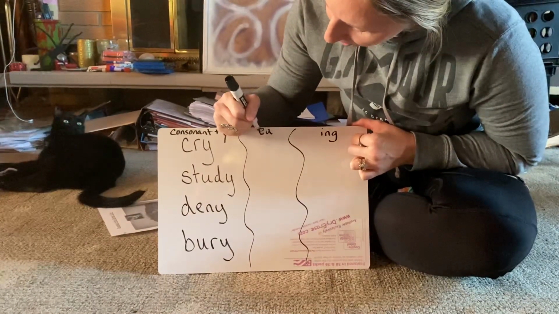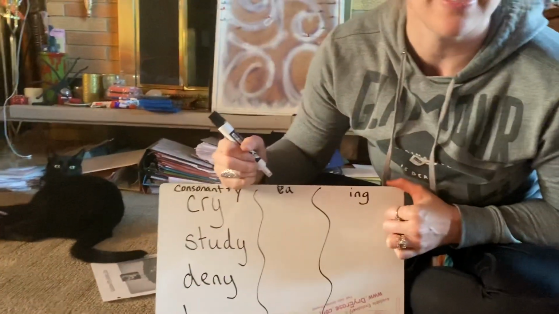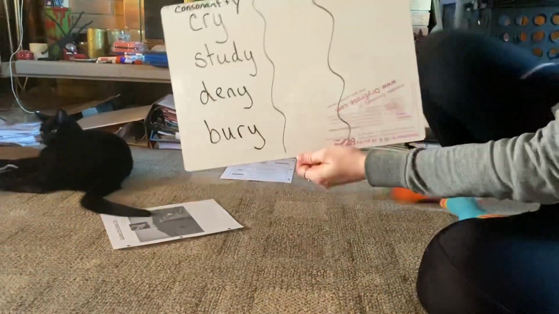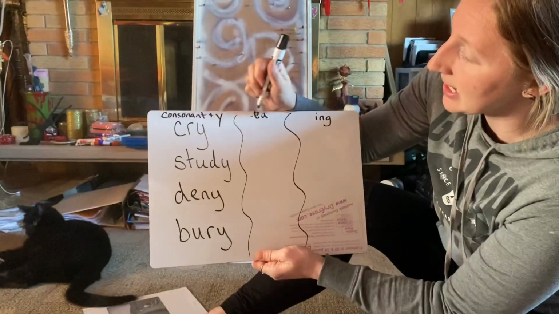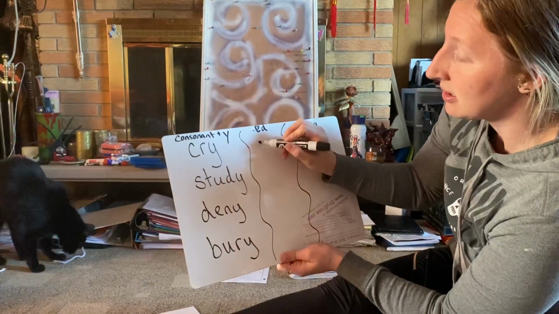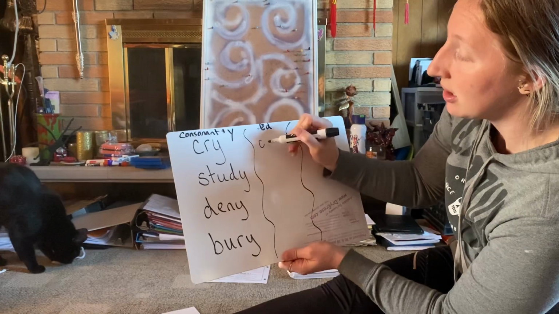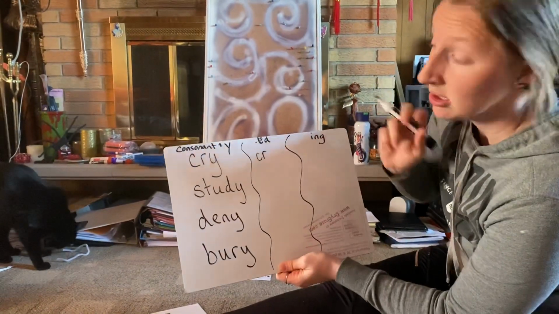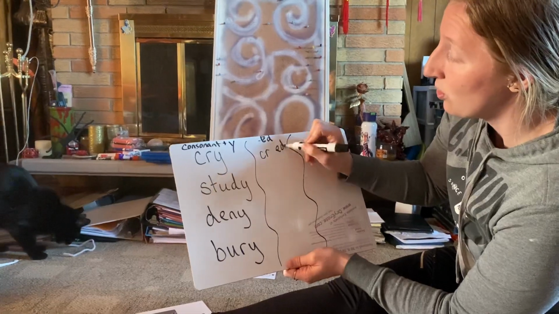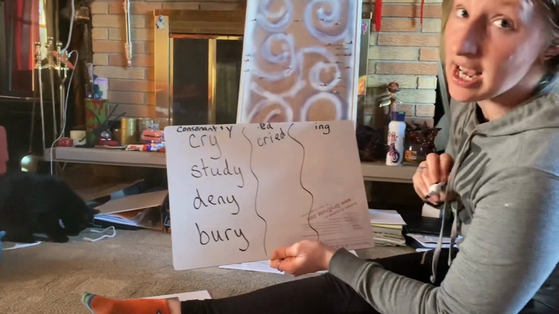We know ed. He says d, t, and id. So if we added suffix ed to the end of cry, we would have to beware, because to add that ed, we're going to have to change that Y to an I.